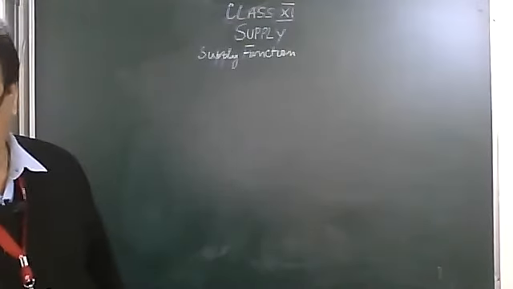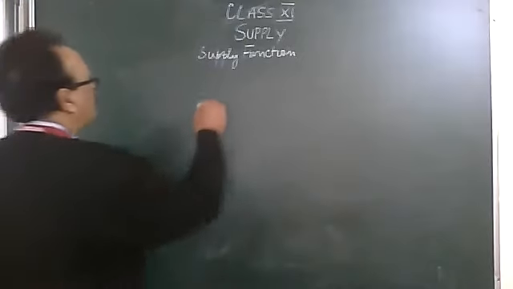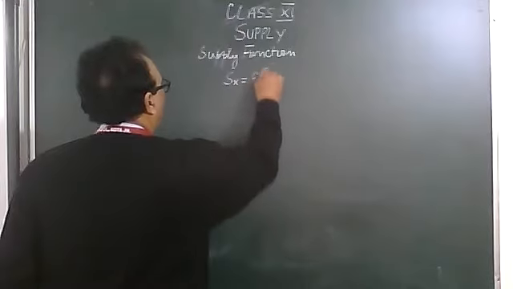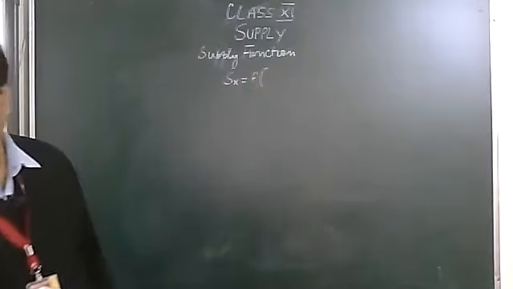So the supply function can be expressed as: the supply for a commodity X depends on the following factors. What are those factors?